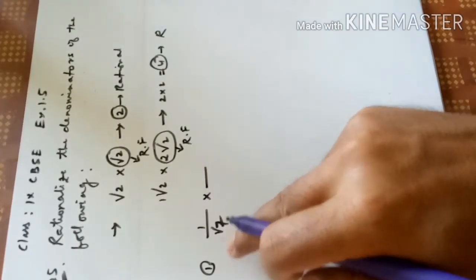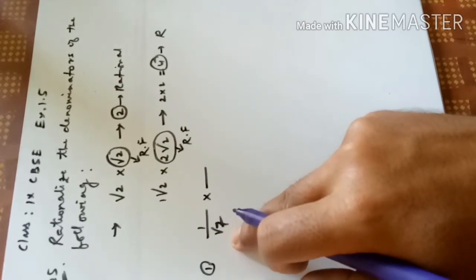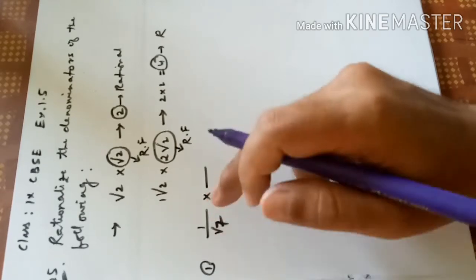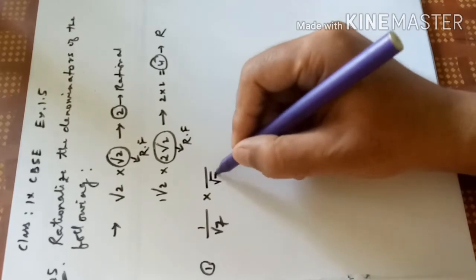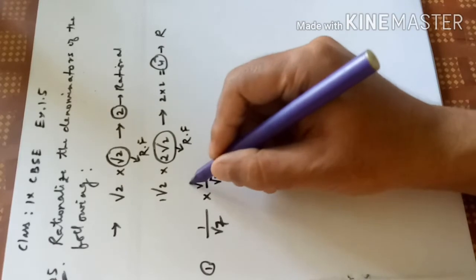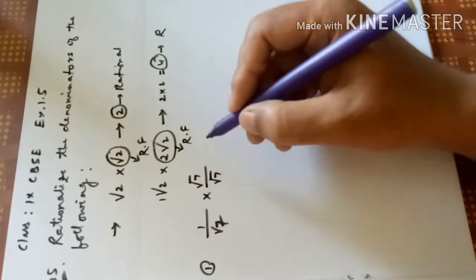This is a single term, there is no other number at all. This is called a simple surd, a monomial. So when this comes, it is very simple: you should multiply by the same number itself. If the denominator is multiplied, the numerator is also multiplied by root 7 itself. Both numerator and denominator are multiplied by the same number.